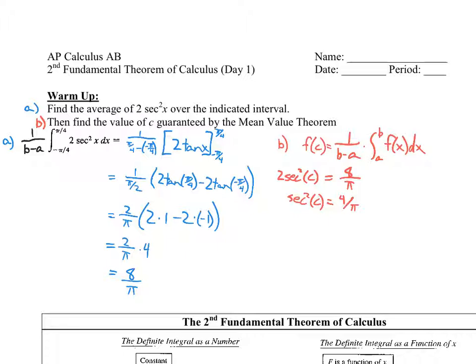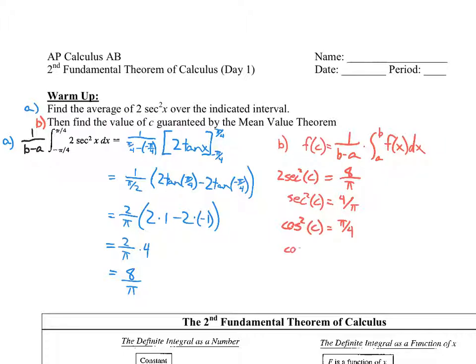I can flip both sides. And then what's the reciprocal of secant? Cosine. So cosine squared of c equals pi over 4. And at this point, we would take the square root.